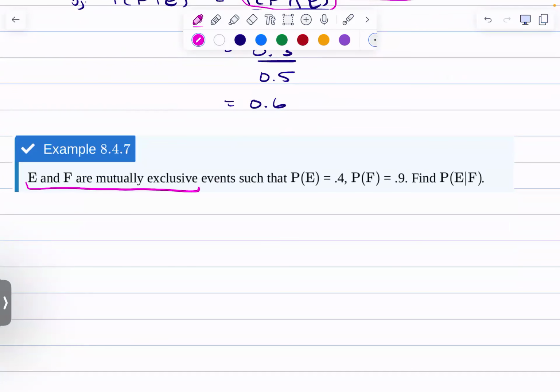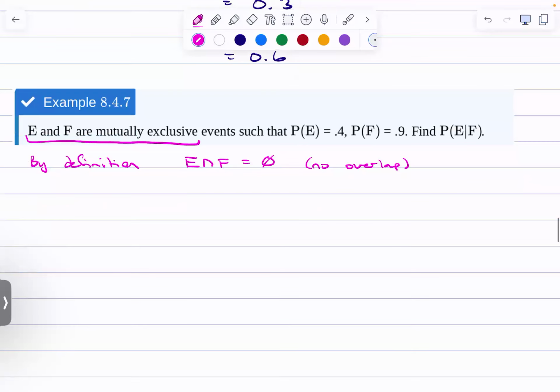If E and F are mutually exclusive, by definition, I'll write out what we were talking about here just so we can see it. By definition, E and F is the empty set, right? No overlap. Which means that the probability of E and F is 0.